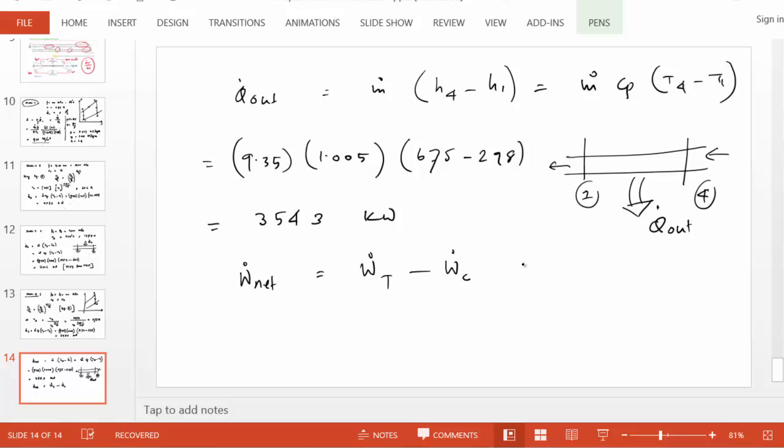If we substitute the two, 6558 minus 2895 approximately here, and that is equal to 3663. I think one of the questions is to find the net power output. So this is part of the answer for part B.